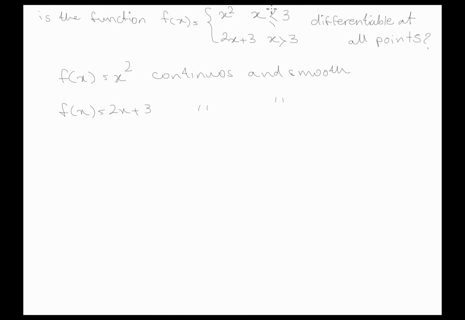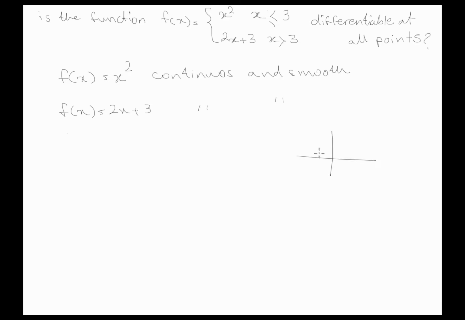So the point where these two functions are going to get merged is actually x is equal to 3. This is where this function ends and the other function starts. So one thing you can do is have a look at what the value is at x is equal to 3 for each of these functions. If they're different, then you instantly know that it's not going to be a continuous function.